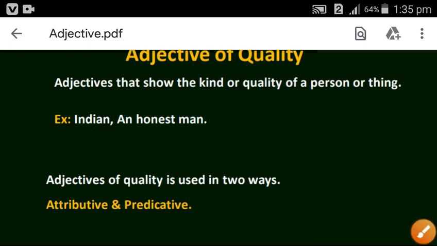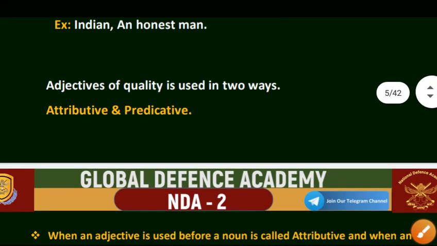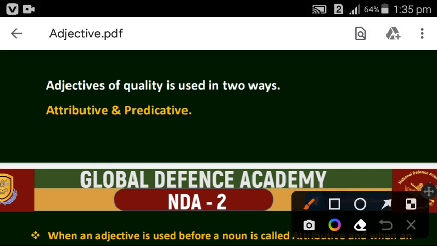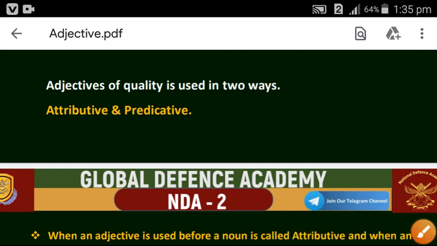But it is further divided into two groups. You understand them as attributive or predicative. These are two further classifications of adjective of quality. Then what is attributive adjective, and on the other hand what is predicative adjective?